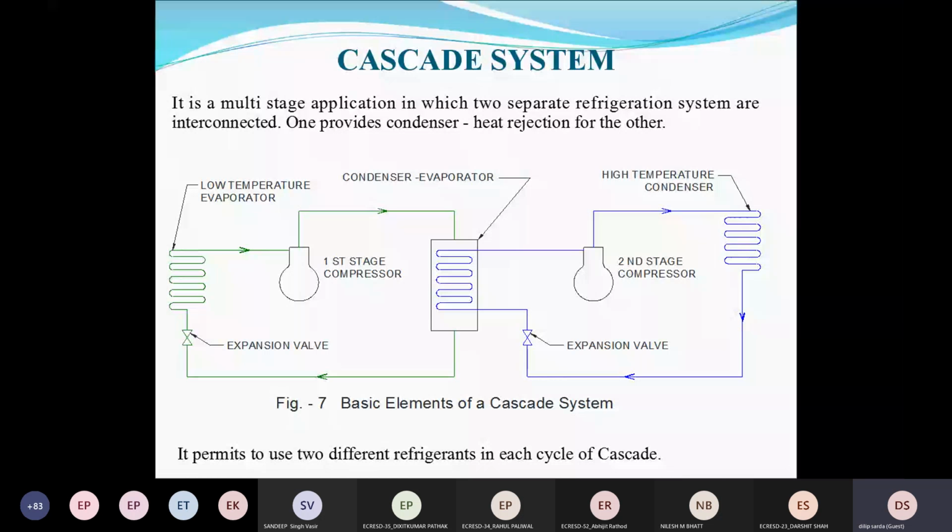Easily available refrigerant. But design is an issue. Design is very much an issue because we are condensing the CO2 at a temperature lower than atmospheric, I will say.